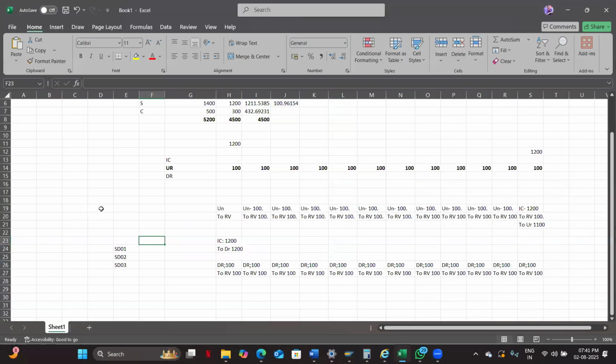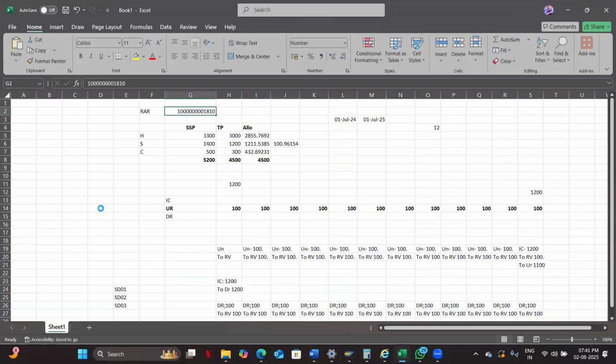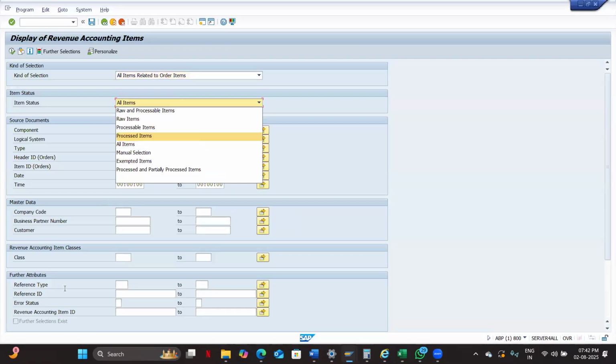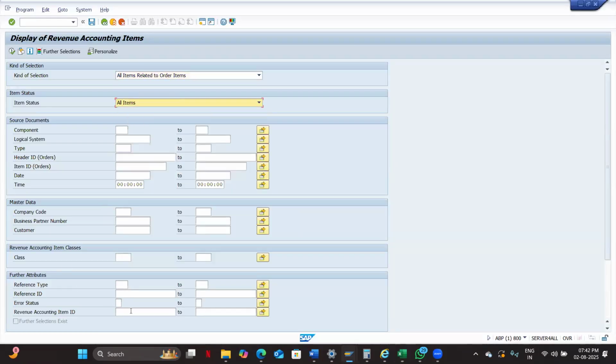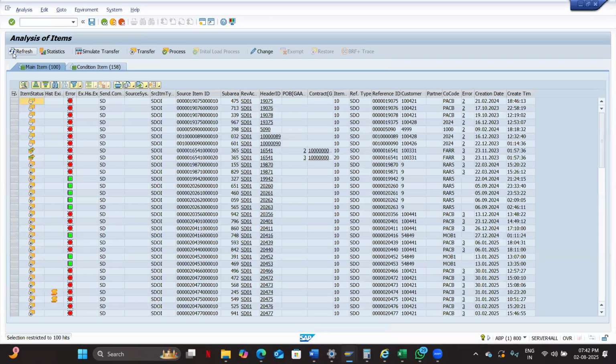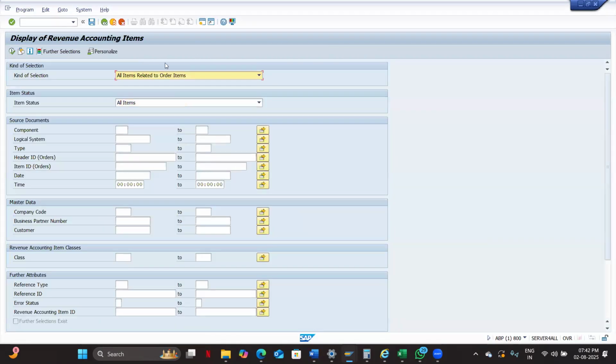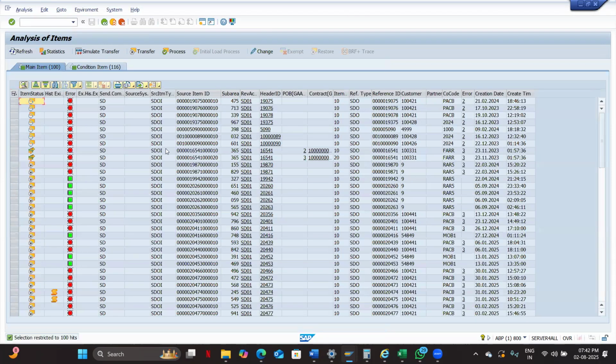We have arrear contract and whatever else. Nafis, you can see here SD01.